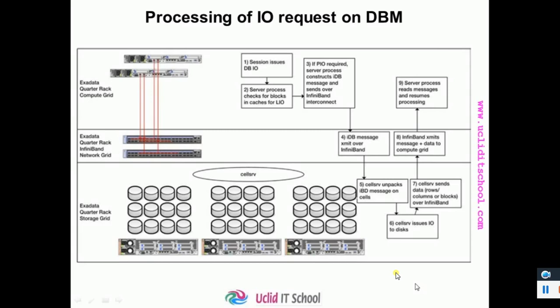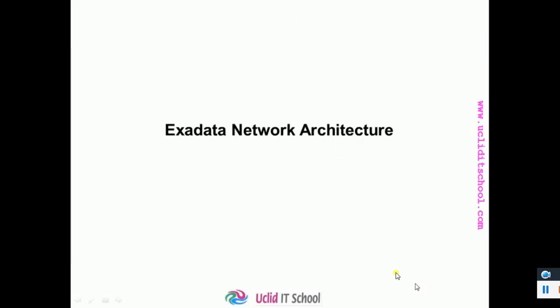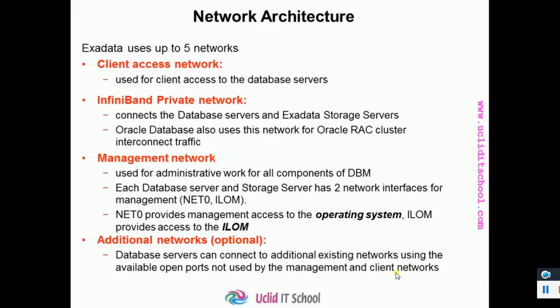I mentioned this slide. Now let us understand the network architecture in Exadata. Every Exadata database machine has different networks inside the rack, up to 5 networks.